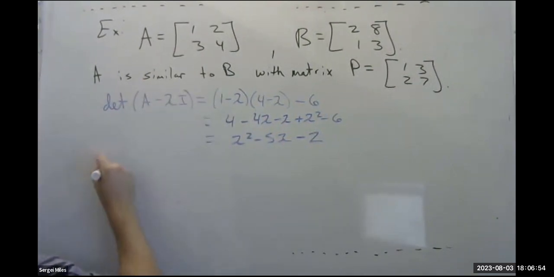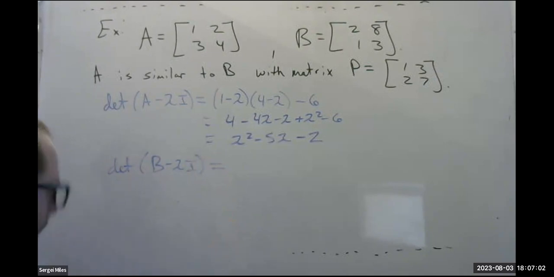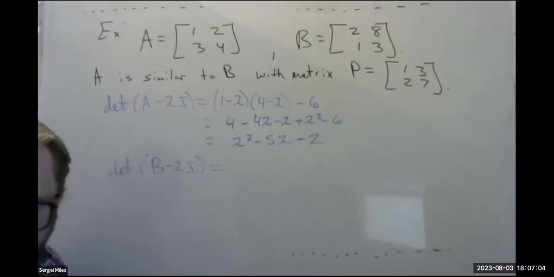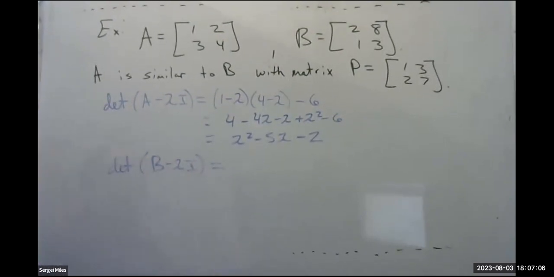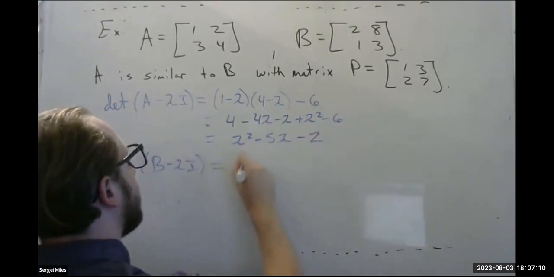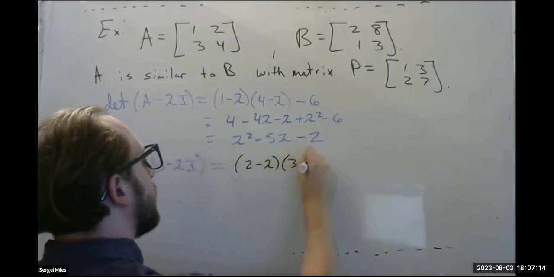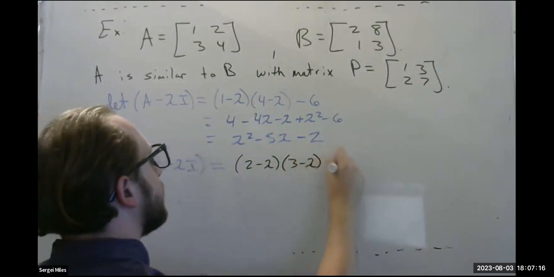What about B? The determinant of B minus lambda I, and my blue marker is dying on me. Let me switch to a different marker. Well, I'm going to subtract lambda down the diagonal and then take my determinant. So I have 2 minus lambda times 3 minus lambda minus 8.